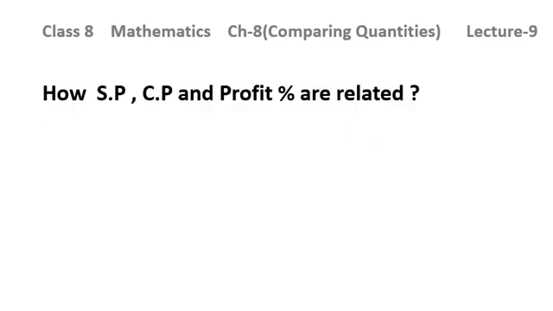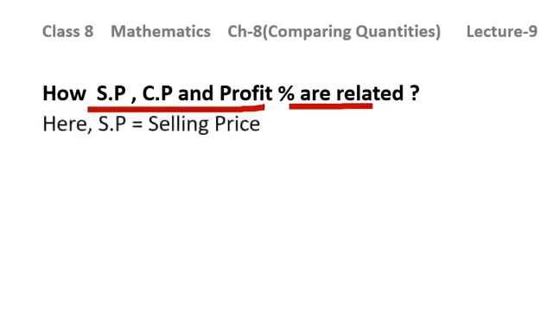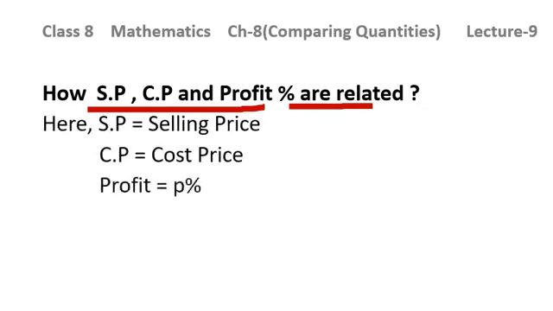Now, how are SP, CP and profit percentage related? I told you one formula in the previous lecture also. Here I am discussing all the important formulas and concepts. SP is the selling price, CP is the cost price, and profit percentage is given. In most questions, profit may be given in rupees, but in a few questions you will find that profit percentage is given.